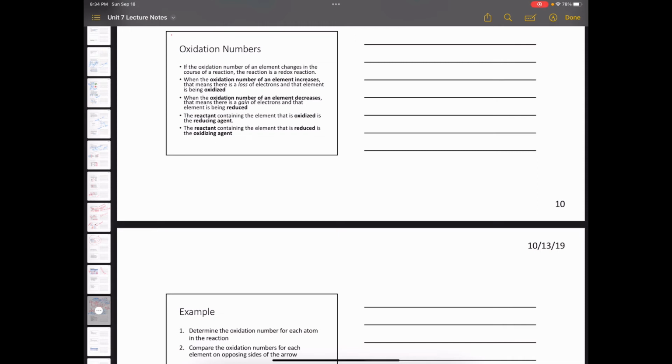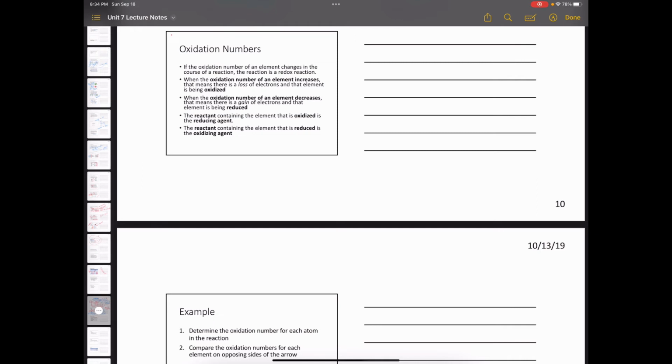If there is no change in oxidation numbers, then it's not a redox reaction. When the oxidation number of an element increases, it means that specific element has lost the electrons, so it's being oxidized. And I think that's where the most confusing part comes from.